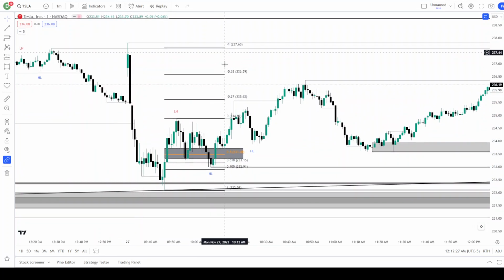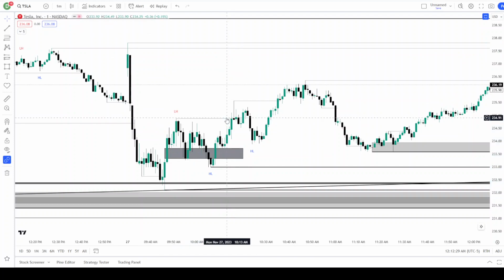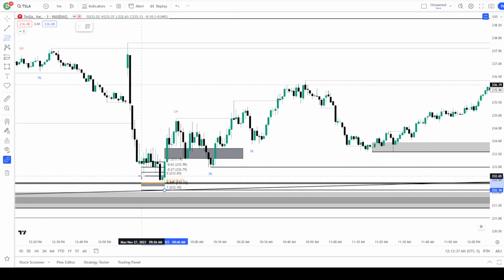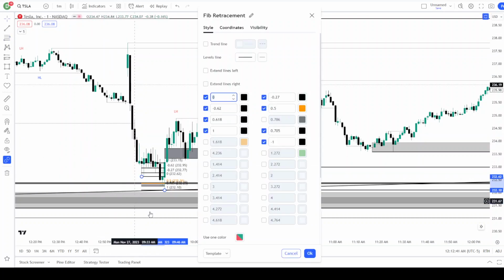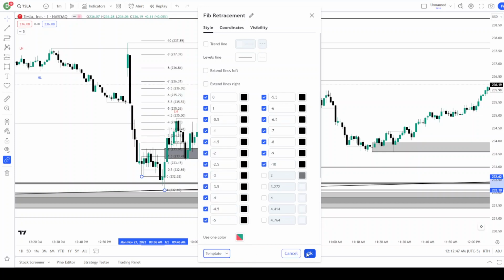Or if you know how to use your standard deviation tool, which I've talked a little bit about, we'd be looking at taking this low, this previous high here, or this previous low here. Let me turn on the standard deviation, and with that, you're looking for anywhere from 5 to 10 standard deviations.